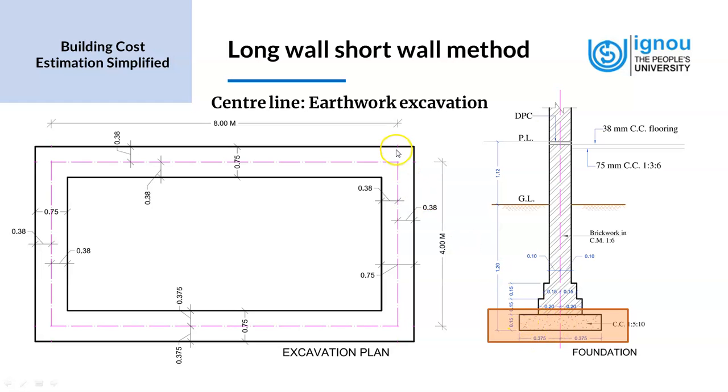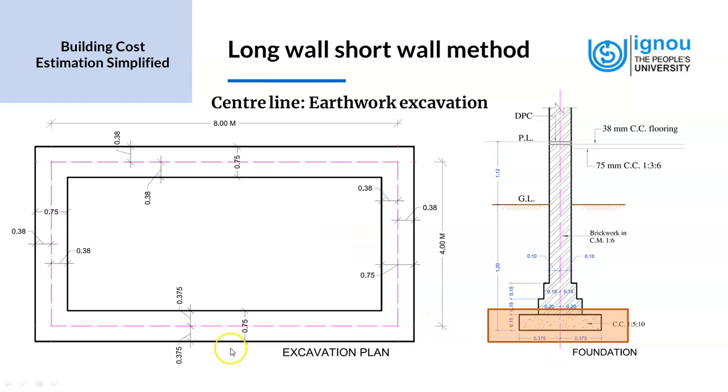The length is actually half of the length of the footing, which is 0.375. So there is a 0.375 left over here and a 0.375 left over here. So the total length of this long wall, outer to outer, would be this 0.375 plus this 8 meters, which is center to center length, plus 0.375. So that is our length part.